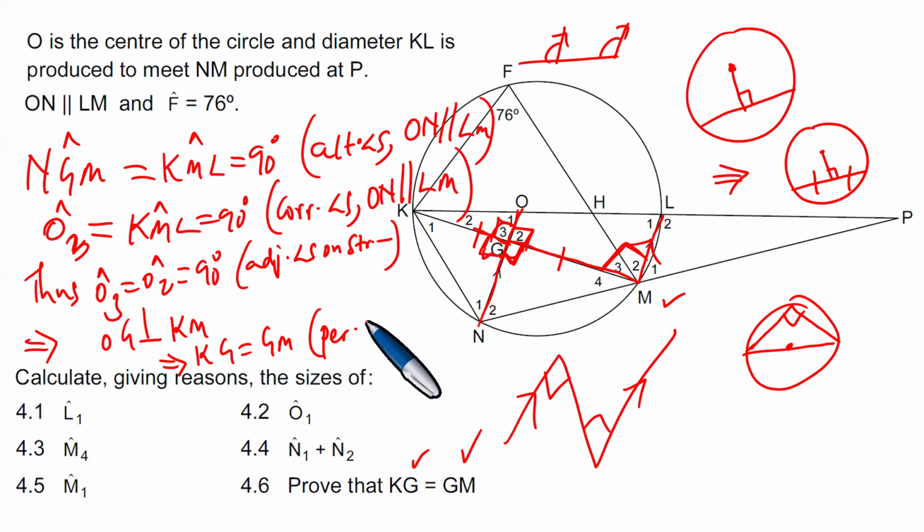A perpendicular from the center to the chord bisects the chord, and this is the result.